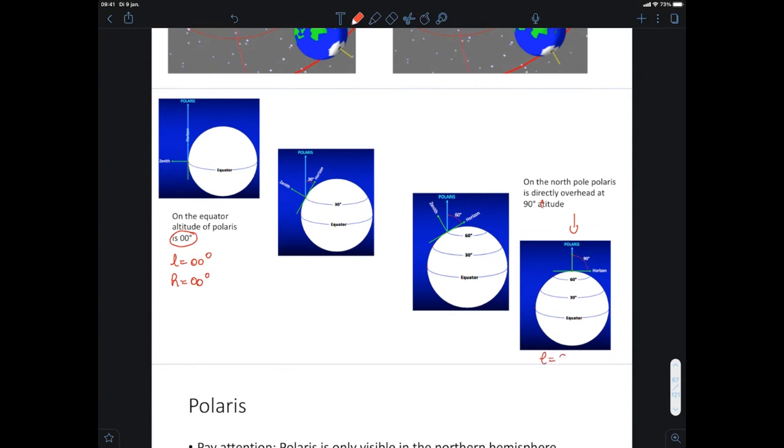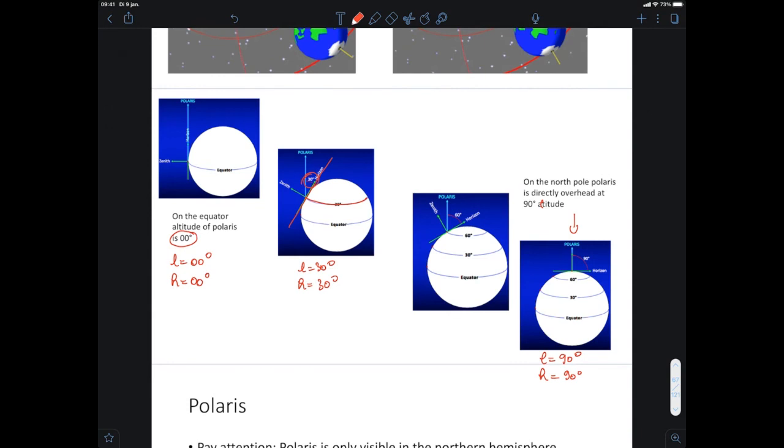When we are at the poles, our latitude is 90 degrees, and our altitude of Polaris, observed with the sextant, will also be 90 degrees, because Polaris will be more or less, I say, because we need to correct it, directly overhead. Okay, so this means that if we are at a latitude of 30 degrees, the altitude of Polaris above our horizon will also be 30 degrees.